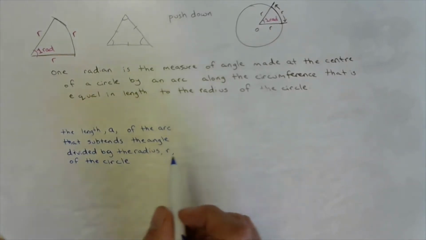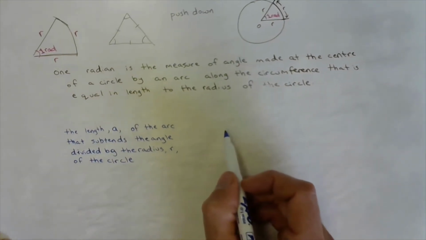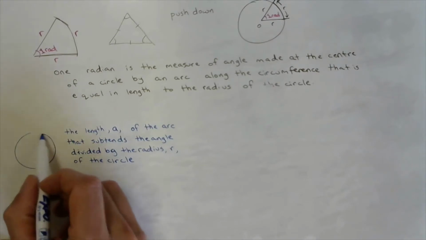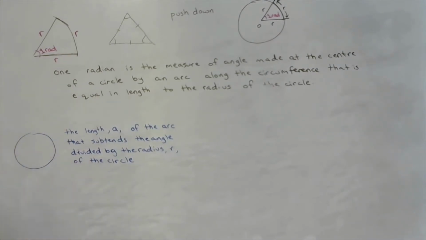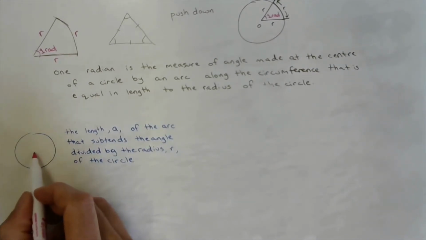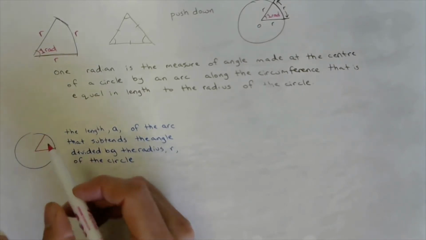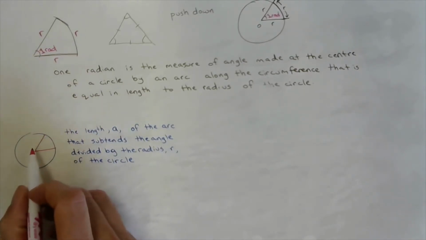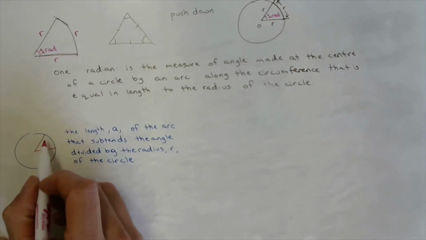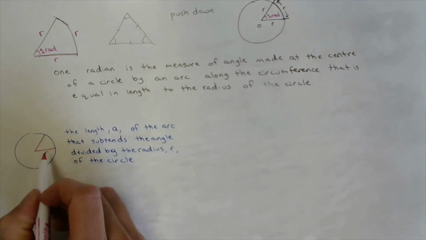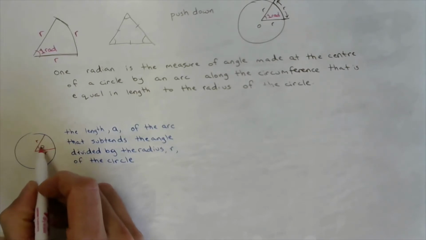In your diagram, which I can put over here, you have a radius drawn, and you have another arm drawn. You have an angle formed, and this is r, and this is theta.